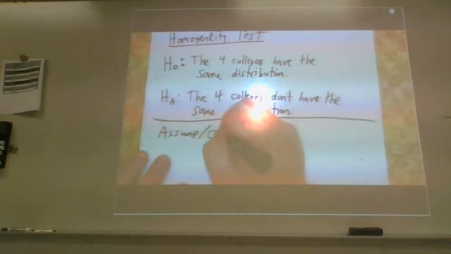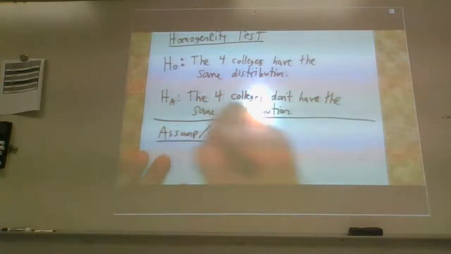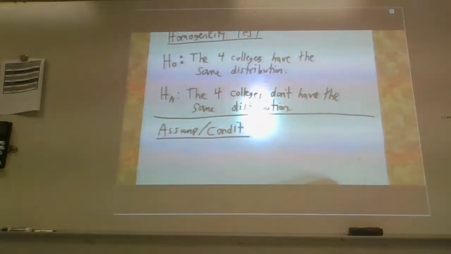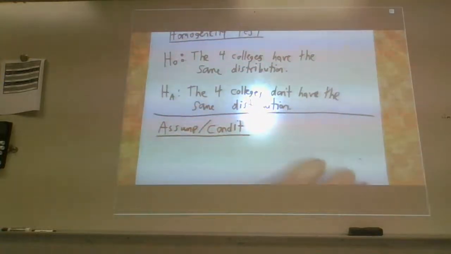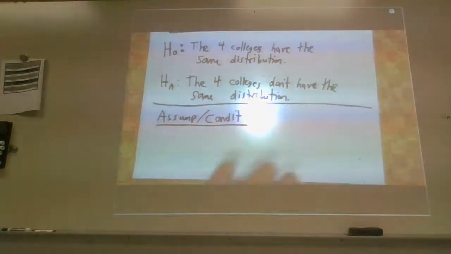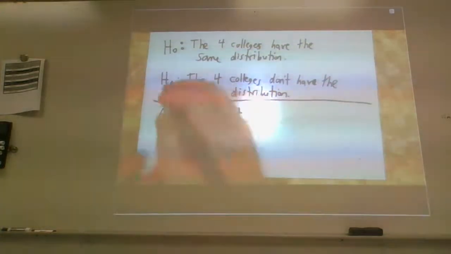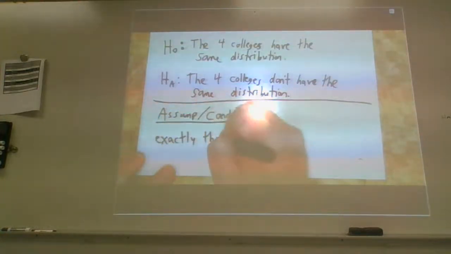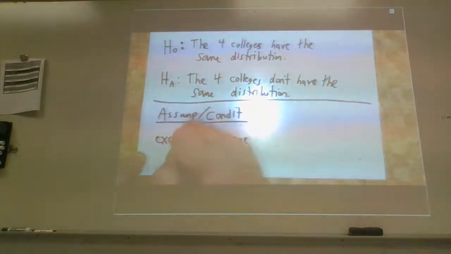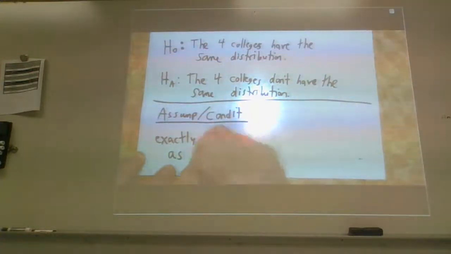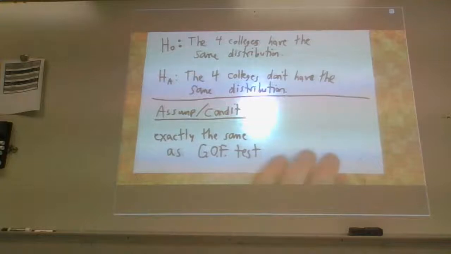Assumptions and conditions. They're exactly the same. It's literally exactly the same as the other chi-squared test. In fact, I'm just going to write that. Exactly the same as the GOF test.